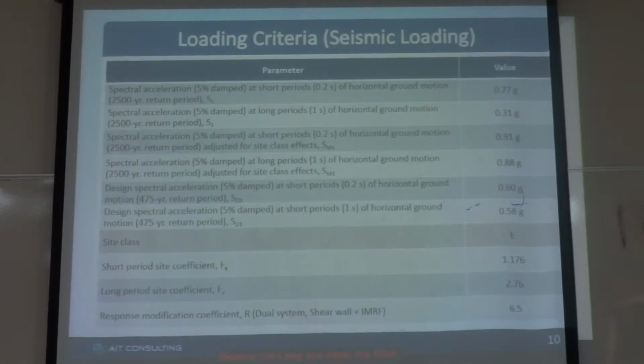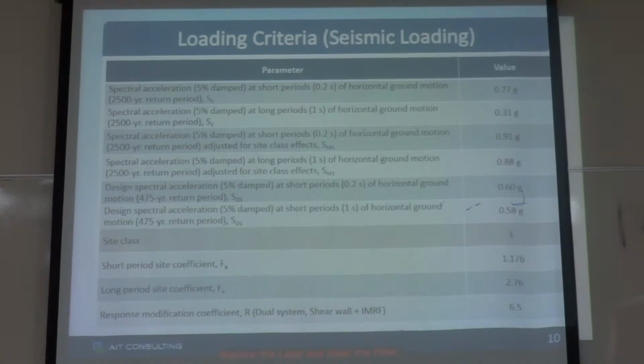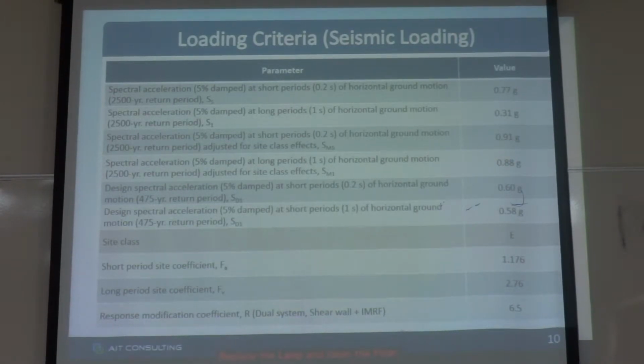For seismic loading criteria, you have to first select the code. Which code are you going to use? UBC 97 or ASCE 7, or maybe a local building code like the Thailand building code or the Indian building code.